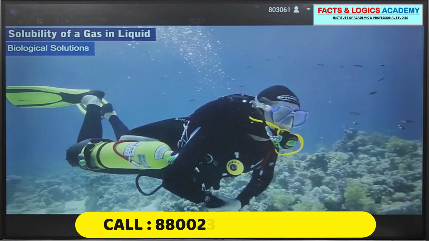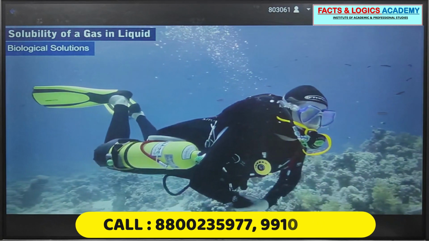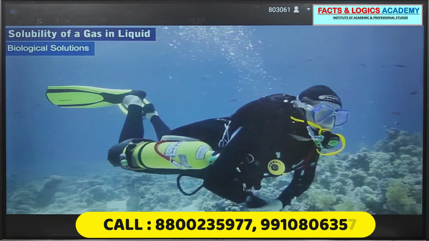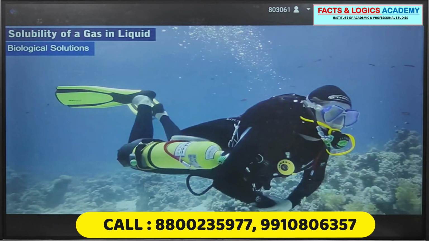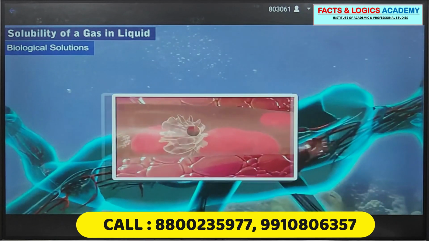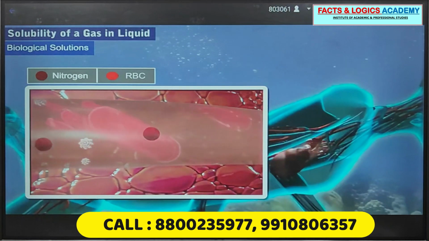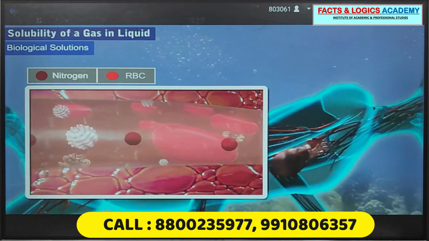Henry's law has an important application for scuba divers. The pressure is very high deep in the sea. As a result, the amount of nitrogen dissolved in the blood and other tissues of deep sea divers increases.